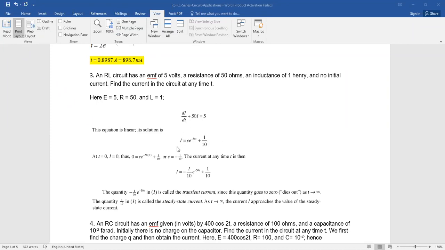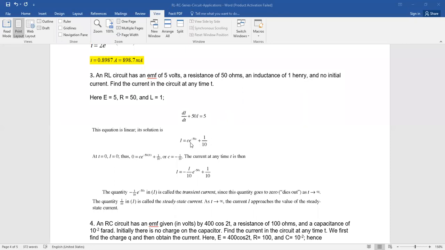You find the unknown function i, that should be multiplied to the integrating factor e raised to 50t here on the left side, equal to the integral of 5 times e raised to 50t. Because that's how we do it. If it's 50t, you need 50 as its derivative and you divide by 50. So the 5 divided by 50, that would be your 1 over 10.